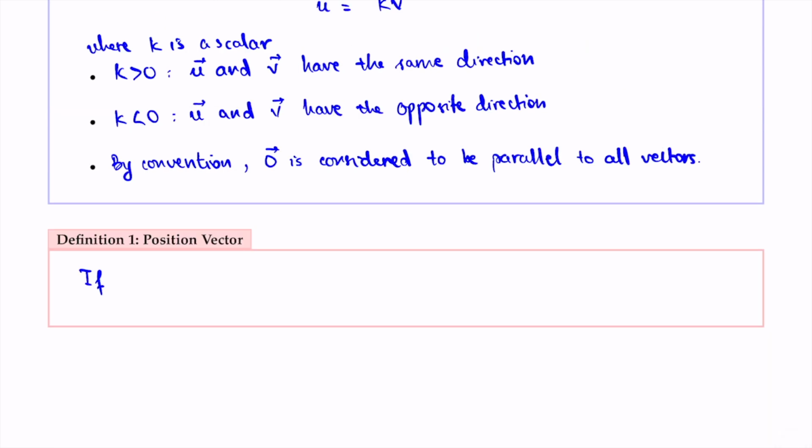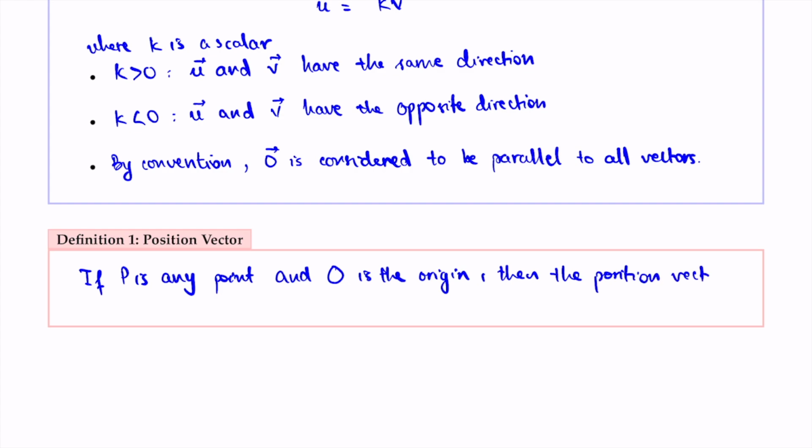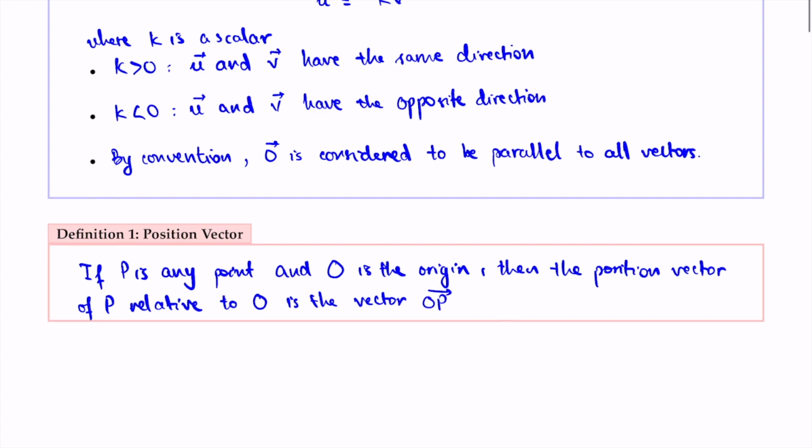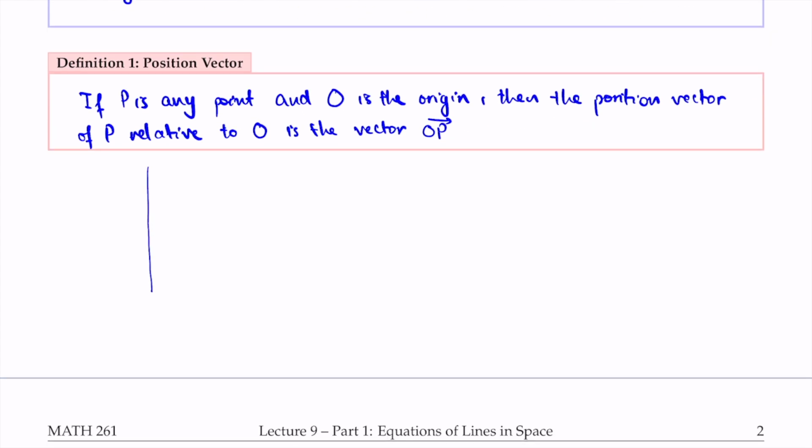If P is any point and O is the origin, then the position vector of P relative to O, or to the origin, is the vector OP. You have seen this position vector before.